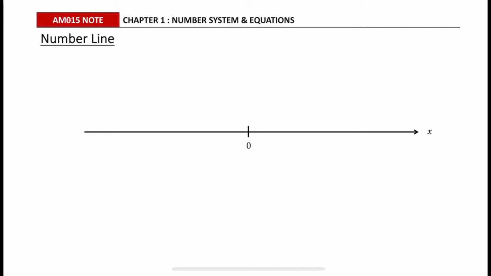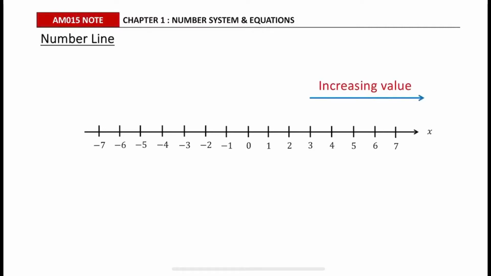Not all real numbers can be shown, so we generally show coordinates for integers only, where the right side of 0 are the positive integers and the left side are negative integers. The right hand direction represents the increasing value and the left hand direction represents the decreasing value.